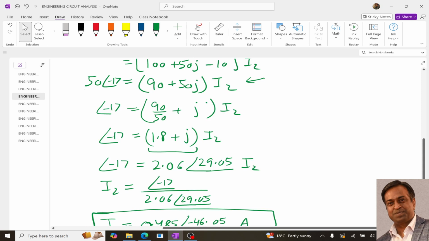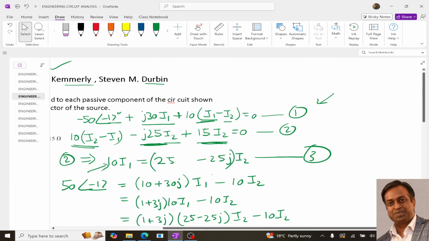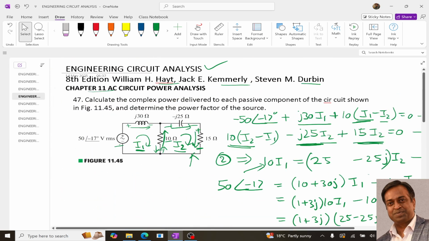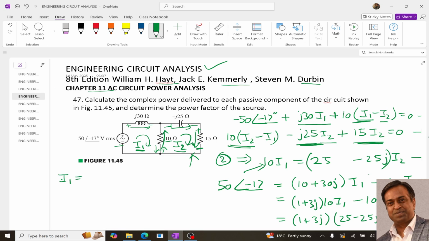Now coming back to the circuit, let me put my I1 and I2 value over here. I1 we got as 1.715, angle is minus 91.05 degrees. I2 I got as 0.485, angle is minus 46.05.